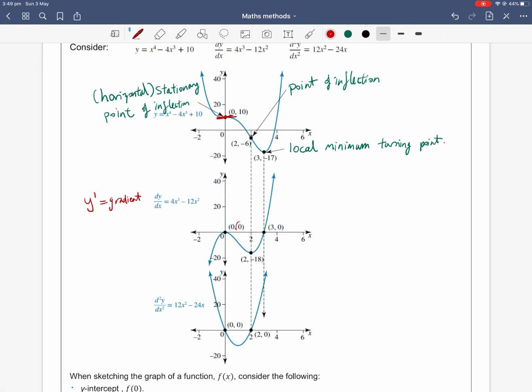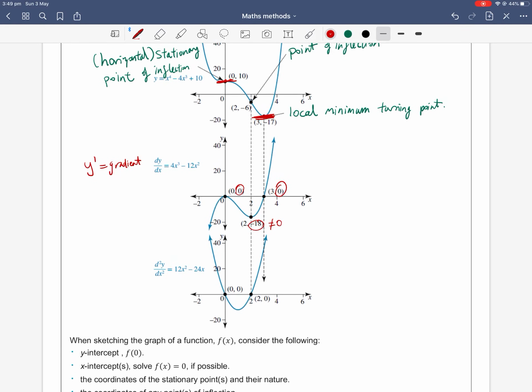At this point of inflection, we knew that the first derivative is not 0, right? And then we'll see later on that the second derivative changes sign on either side. And because the gradient here is flat, you have a y value of 0.